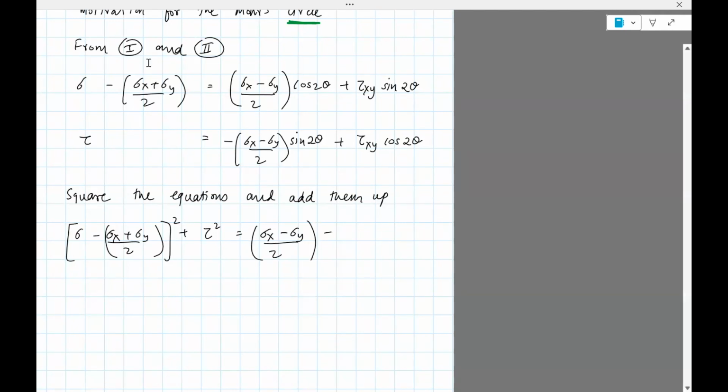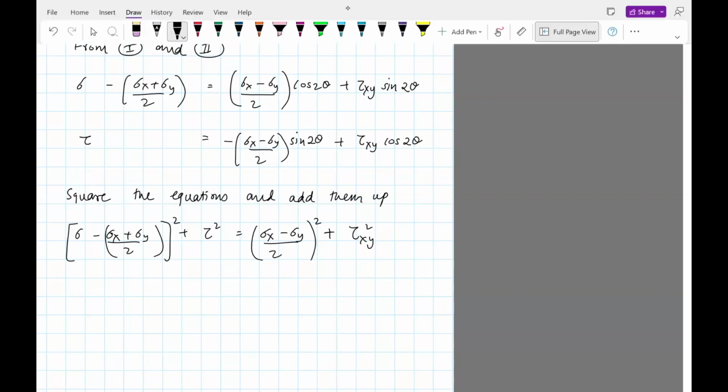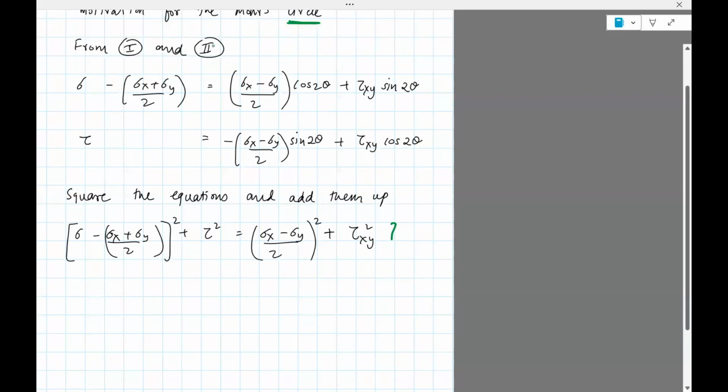So it comes out to be (sigma x minus sigma y divided by 2) squared plus tau xy squared. Note that sigma x, sigma y, and tau xy are given to you. We know the stress. So this here is an equation of a circle.